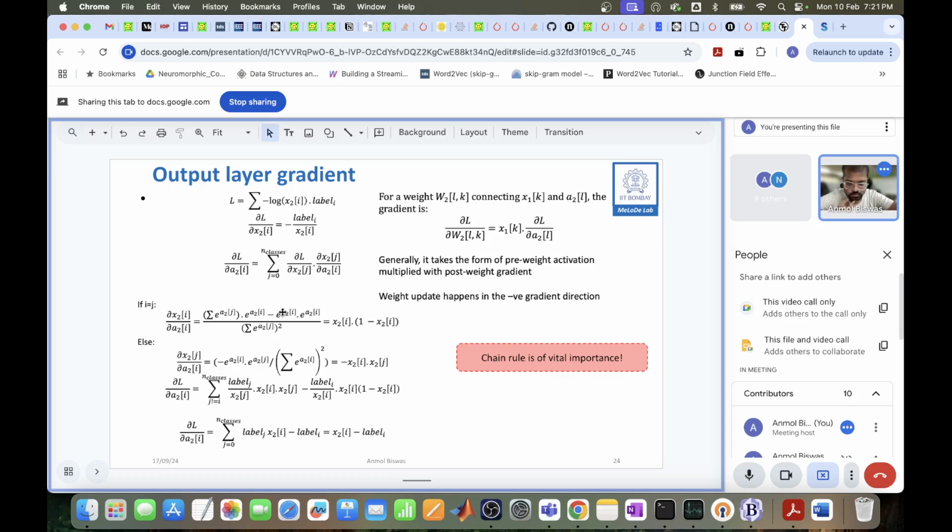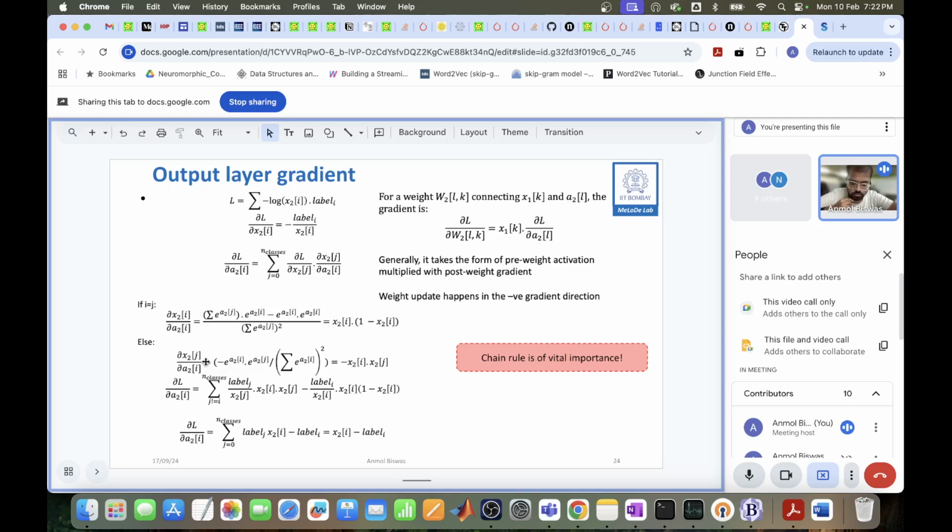We get the square of the summation in the denominator, but in the numerator, because we are taking the gradient with different indices, we only get one term here.